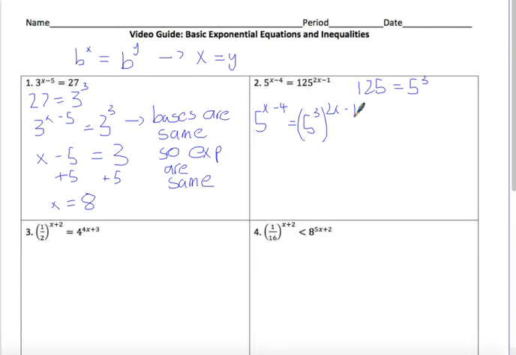And remember, when we have a power to a power, we multiply the two exponents. So this would really be 5 to the third times 2x minus 1. Power to a power, multiply exponents.